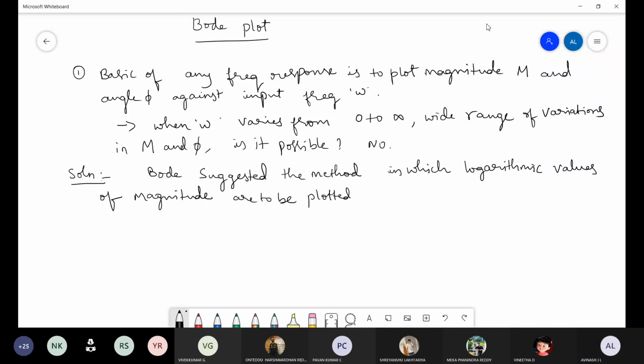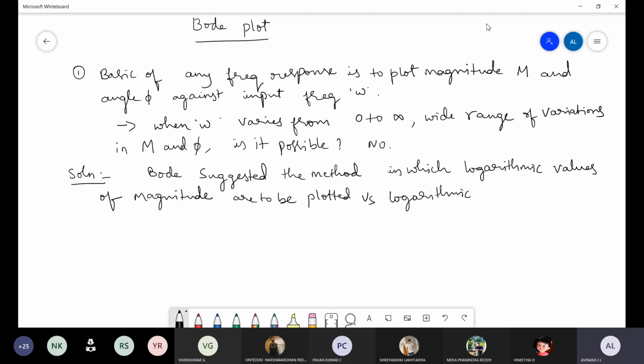When we plot logarithmic values of magnitude, we need to consider logarithmic values of frequency only; we cannot plot a regular frequency.